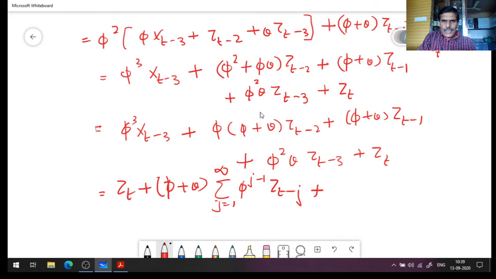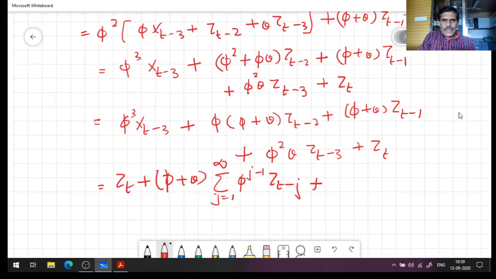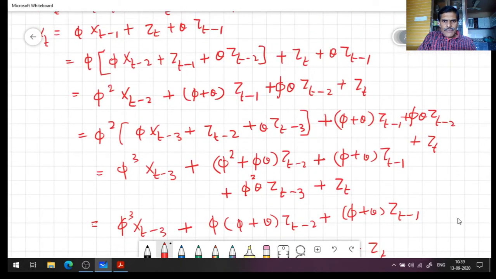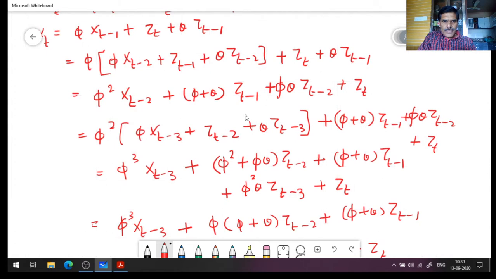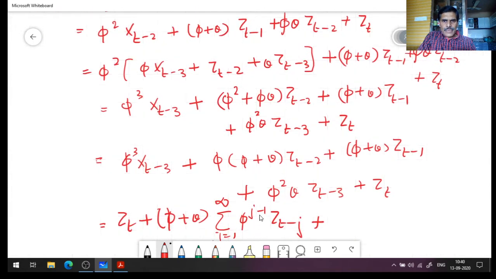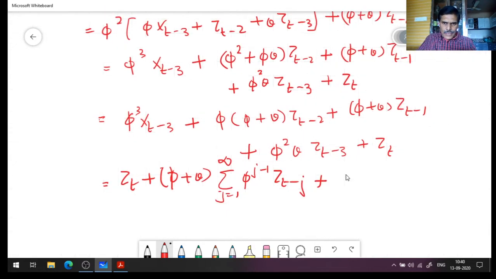So phi square theta, so you have here phi theta zt minus 2; phi square comes here, and phi theta comes from here, okay, and for the next one you will similarly have phi square theta, so that will be added up to this. So this is actually reducing to this.